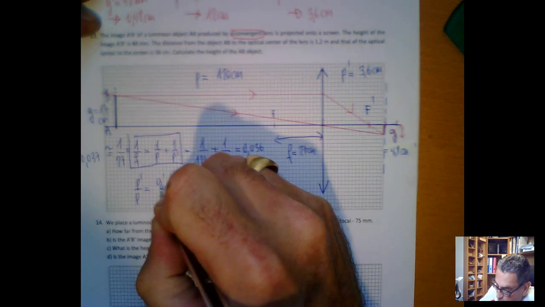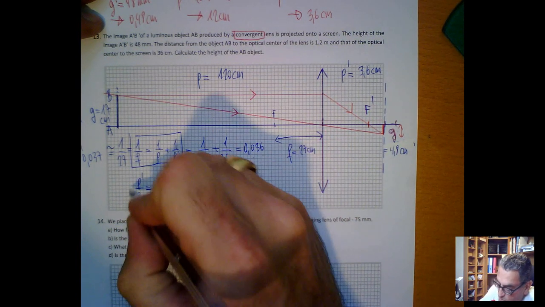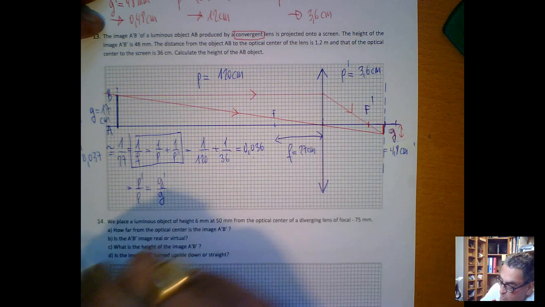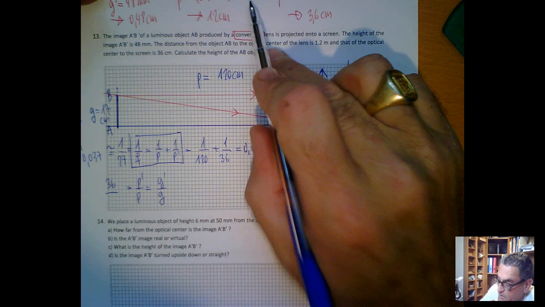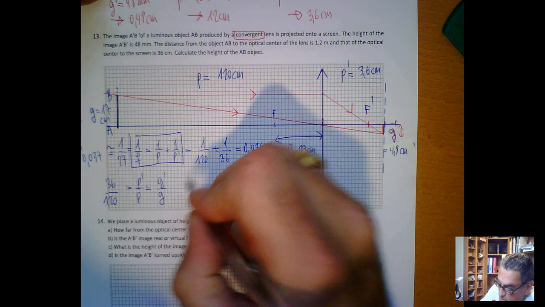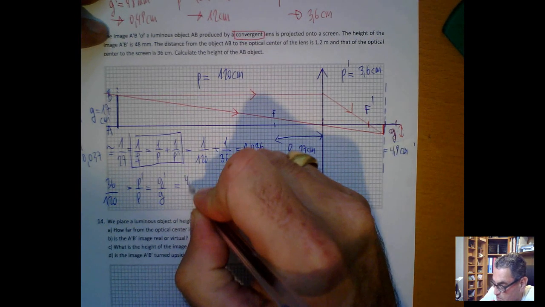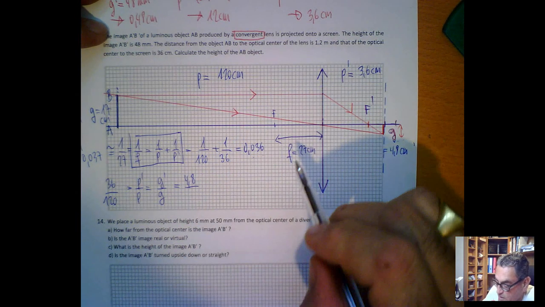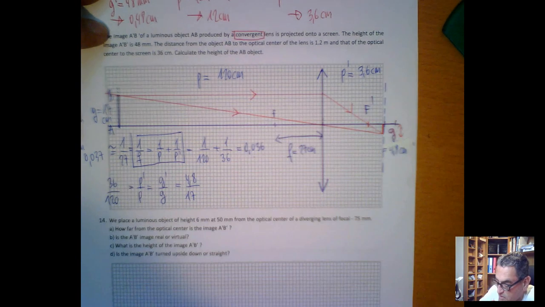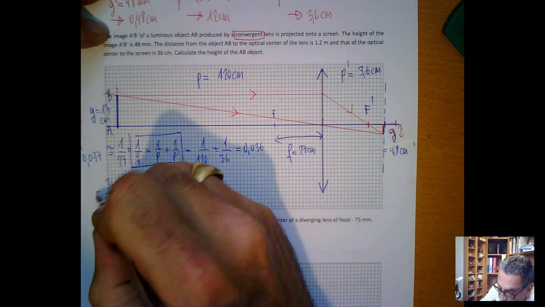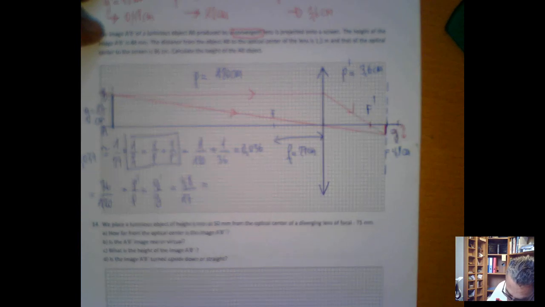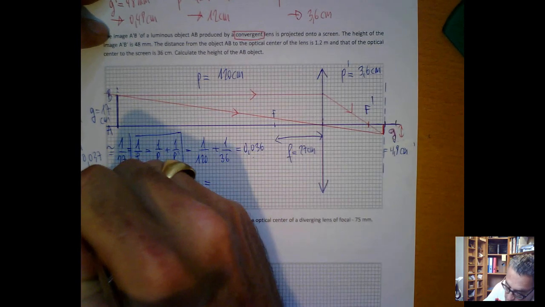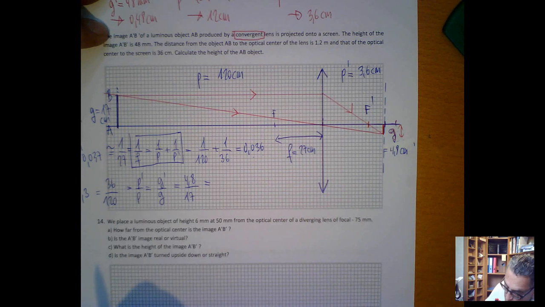P prime over P is G prime over G. What is P prime over P? P prime is 36 centimeters over P, which is 120 centimeters, and on the other side G prime is 4.8 centimeters and G is 17 centimeters. Again, it looks okay, but let's check. 36 divided by 120, this is 0.3.